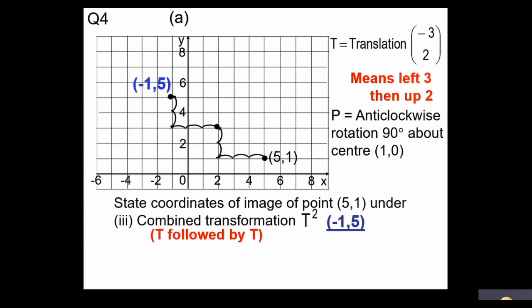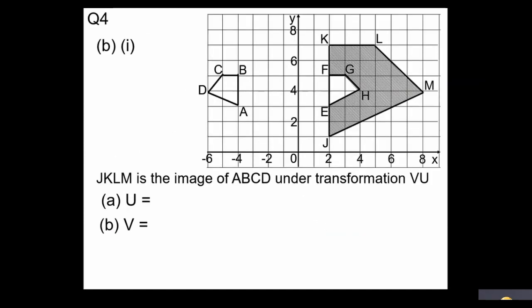Let's see this. JKLM is the image, JKLM, which one? The big one, this one. Image of ABCD under transformation U. This is similar to the previous one. From here to here we need to reflect, so you need the line of reflection. How to find the line?